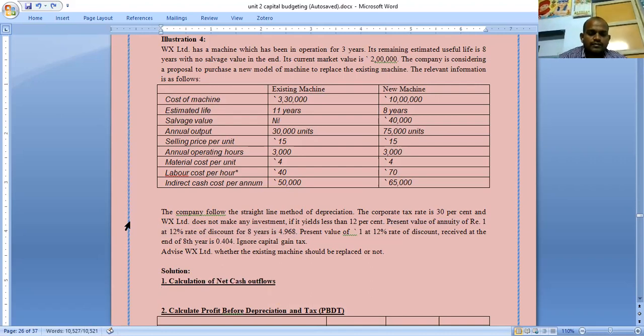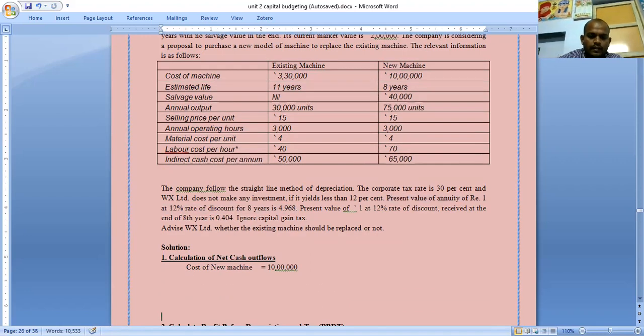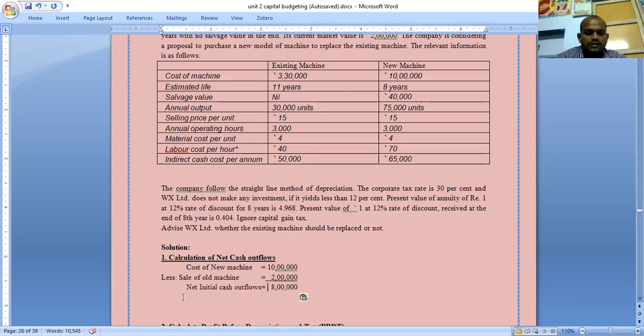The cost of machine, that is 10 lakhs, cost of new machine, less sale of old machine, 2 lakhs. Net initial cash outflow, that is 8 lakhs.